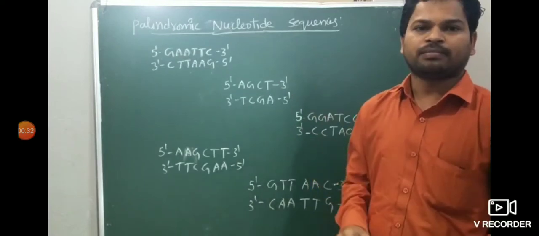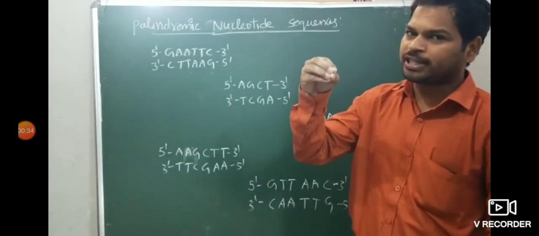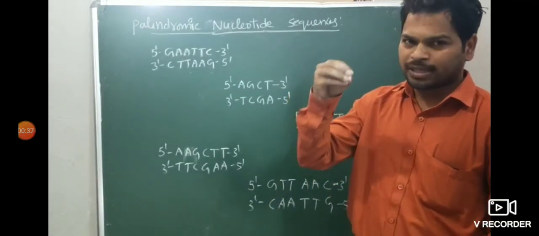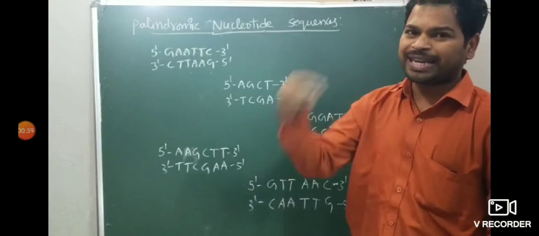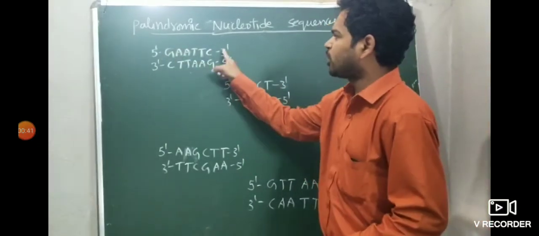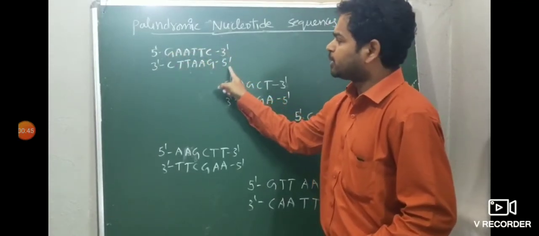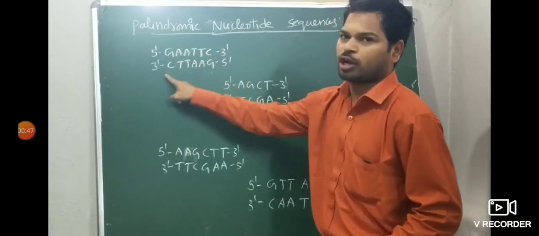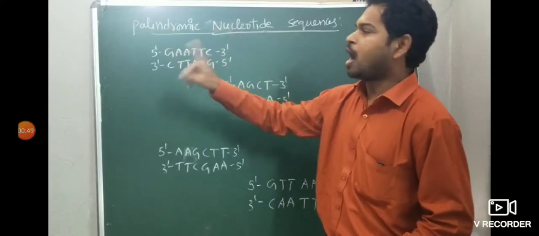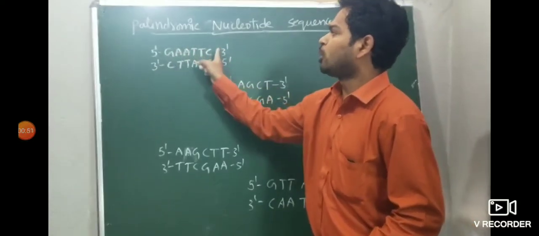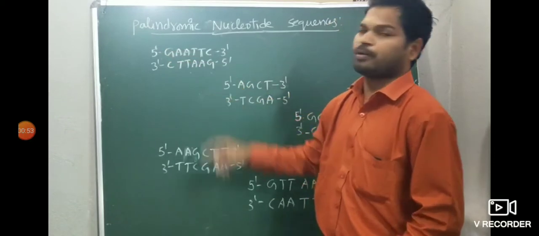The reading frame is the same. A palindromic nucleotide sequence is a base sequence that we can read in the forward direction, 5' to 3', or in the backward direction, 3' to 5'.